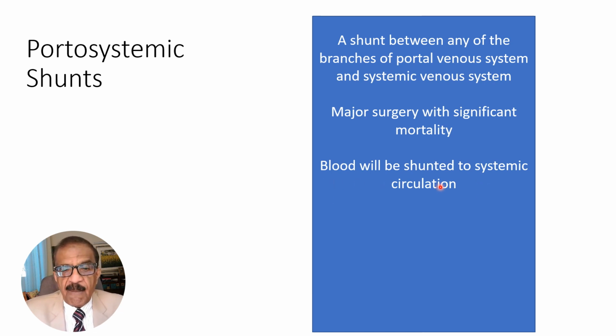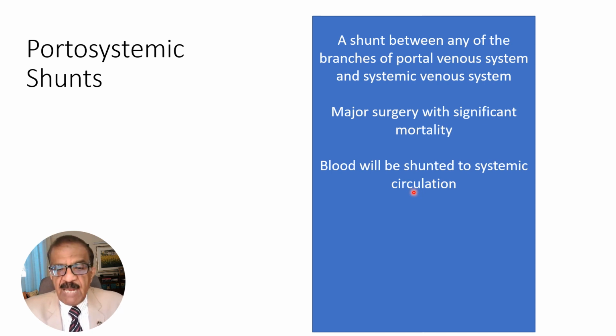Now, if you make a big shunt, a large amount of blood will be shunted from portal to systemic, because the portal pressure is high and the systemic pressure is low. In a patient with CLD, a very large amount of blood will find it easy to go to the systemic circulation.